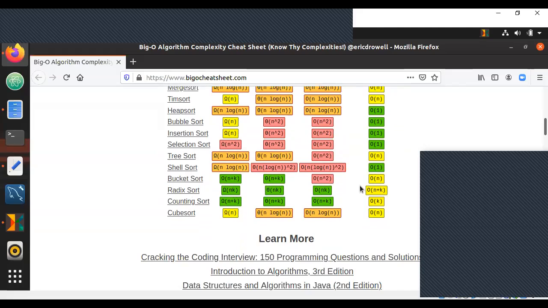So when you do radix sort, you're not doing so much swapping. When you do insertion sort, selection sort, or bubble sort, you're going to do a lot of swapping. So when you do a lot of swapping, it's not easy to use linked list.